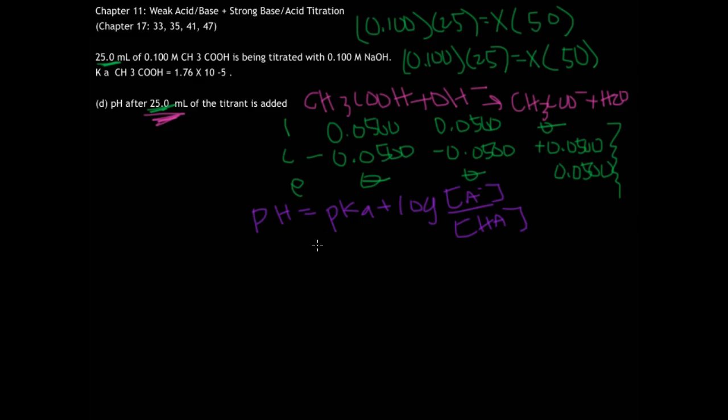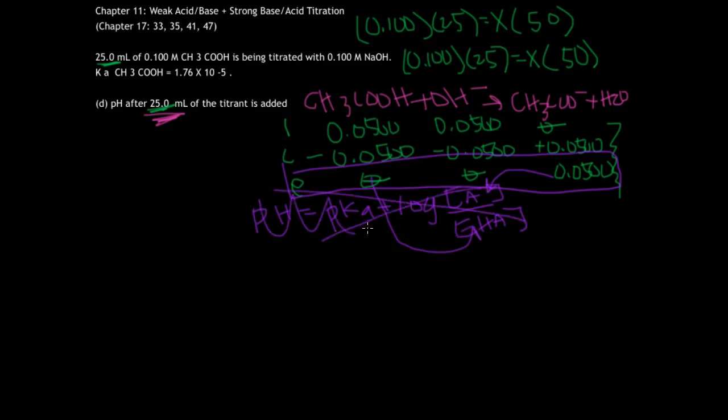Okay? Now, the problem is in this part of your titration, here's your conjugate right here, the acetate. I don't have any of the weak. You cannot use this to calculate pH if you don't have both the weak substance and its conjugate. This is out.